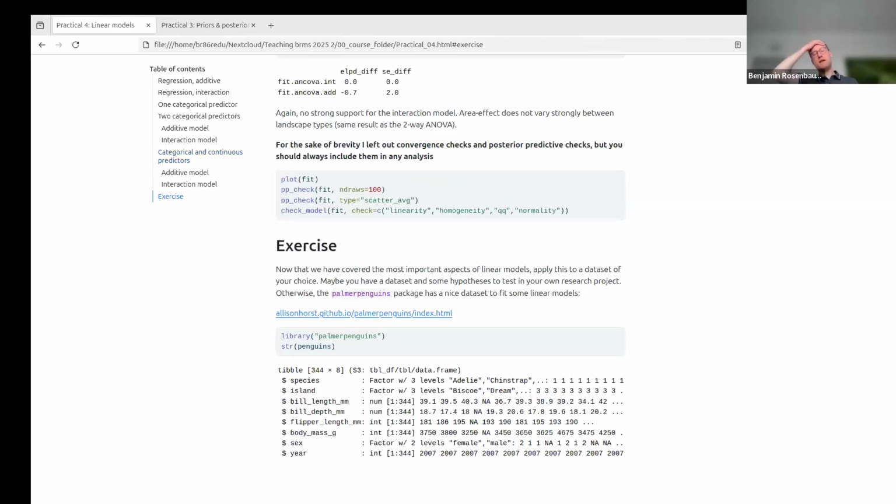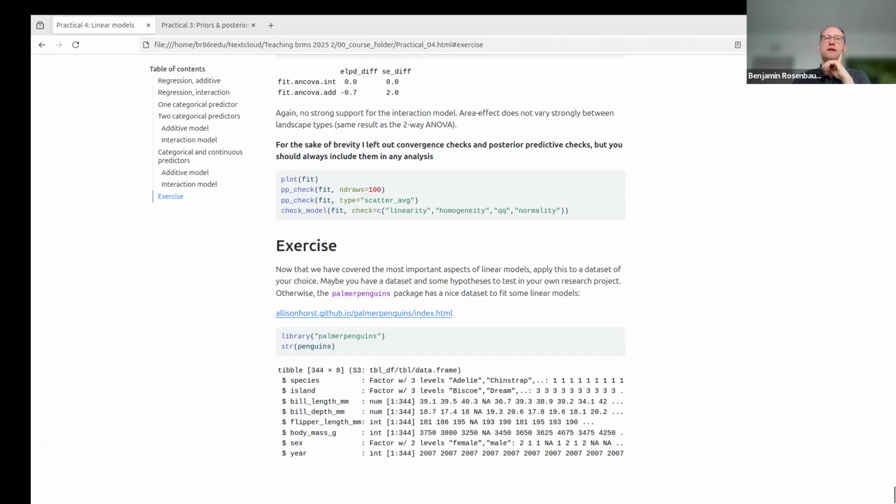Additionally, we already have all the tools you need for linear models. So if you have a data set at home which would fit a linear model analysis, you can already check and try to work with this.